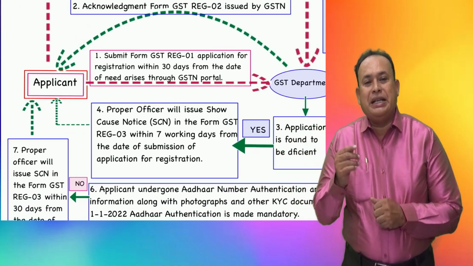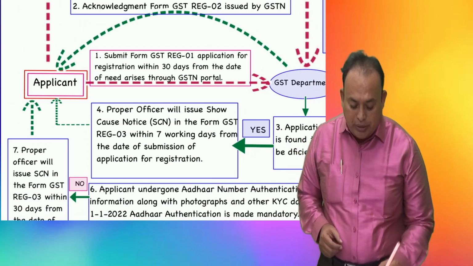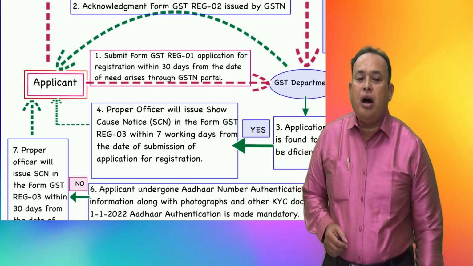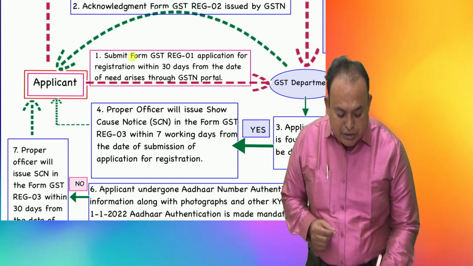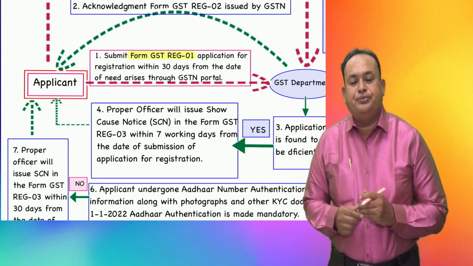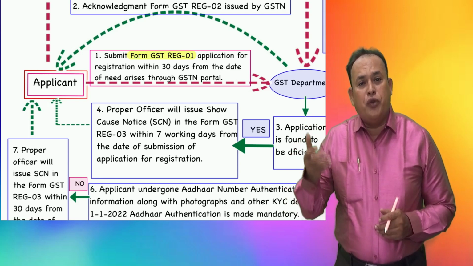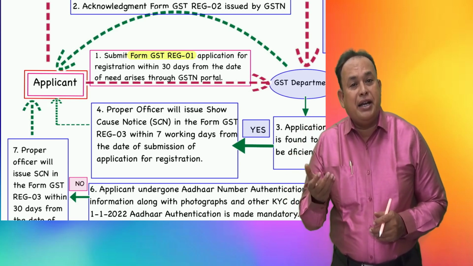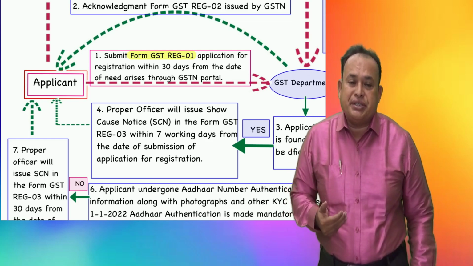By making the application in form GST REG-01, application for registration under the GST. If the need arises to go for registration, within 30 days from the date the need arises, you have to apply for registration.